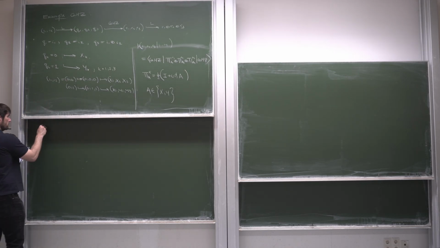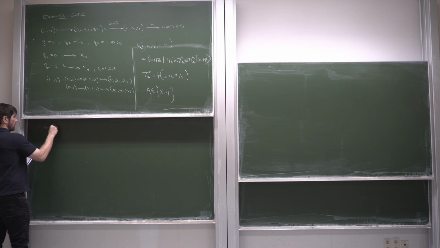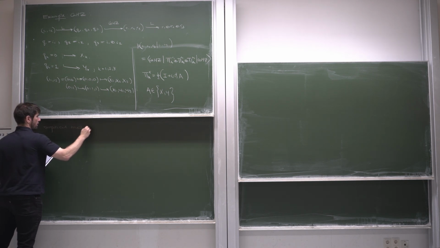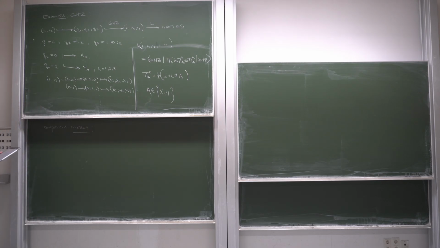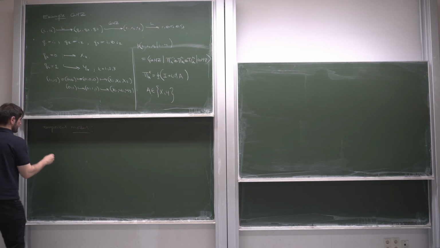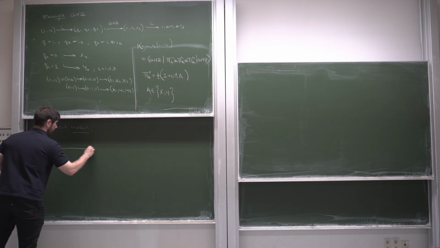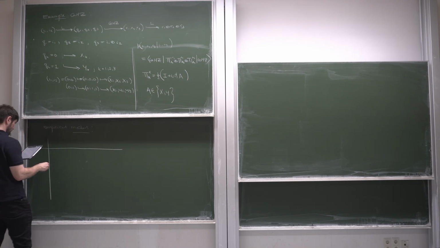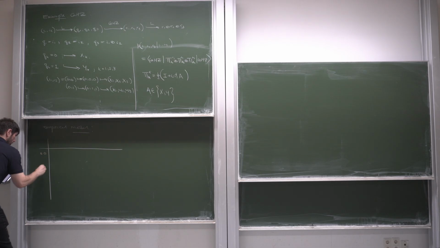The empirical model is something like this. Let's see if I can make this look okay. So the inputs are 0, 0, 0, 1, 1, 0, 1, 1.